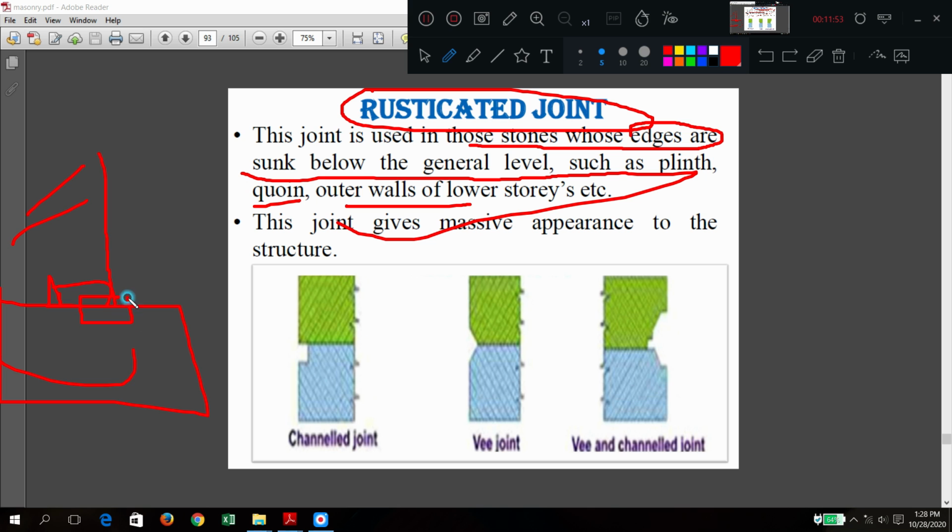At plinth level you have some stones, and to this you want to add another stone construction, next to next, like this. That time these rusticated joints are used. Rusticated: simply channeled joint, V joint, V and channel joint. The next to next stones are placed. This will give one strong bonding. Simple rusticated joints.